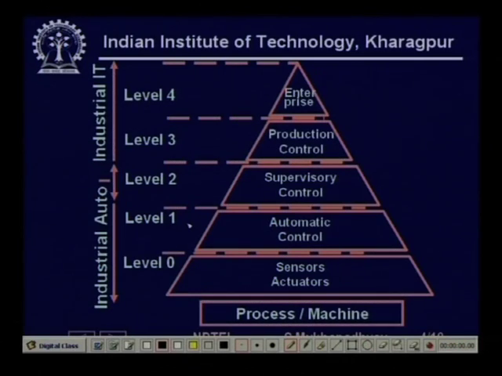Now, a number of automatic controls are again managed at the supervisory control layer, which we call level 2. Finally, the operation of a particular shop floor as a whole is controlled, the whole overall manufacturing operation, including maintenance, production, quality assurance, inventory, everything is managed at another level which is called production control.